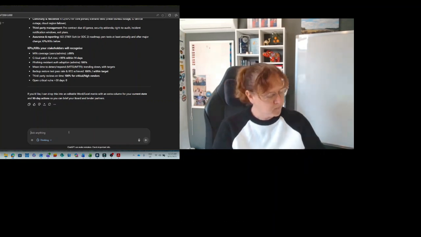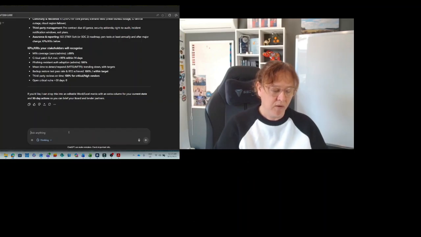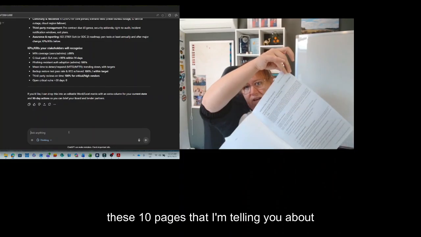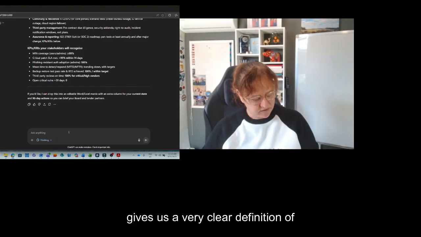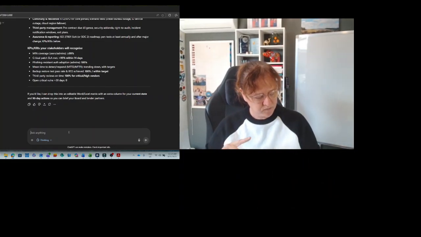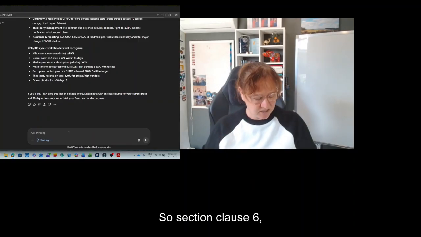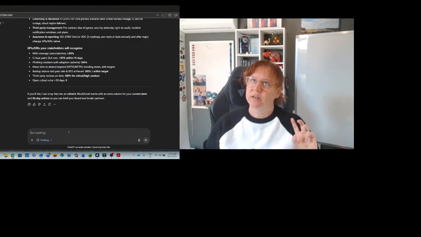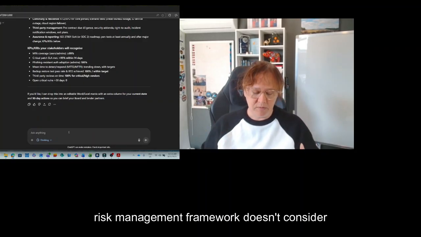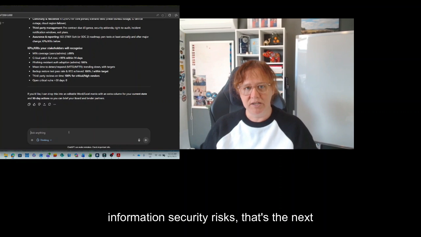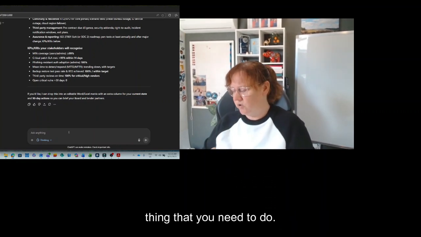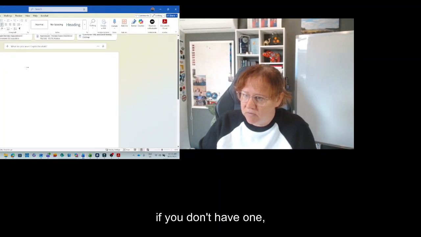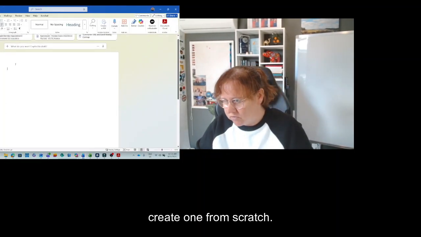But also in 27001, within the first section, these 10 pages that I'm telling you about give us a very clear definition of planning. So clause 6, actions to address risks and opportunities. If your risk management framework doesn't consider information security risks, that's the next thing you need to do. If you don't have one, let's create one from scratch.